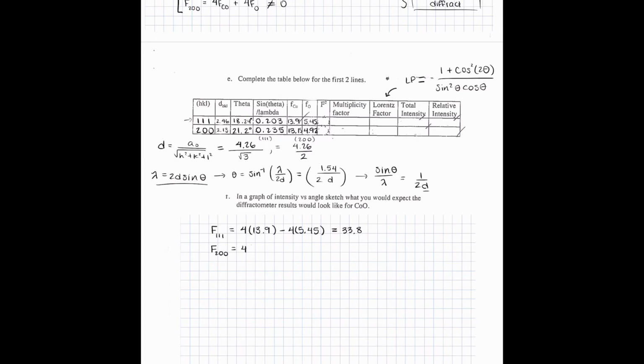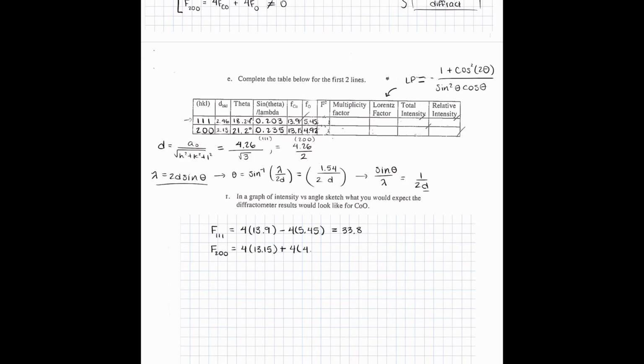F200 is going to be 4 times, plus, I'm sorry, we have different values. It's not 13.9, it's 13.15.